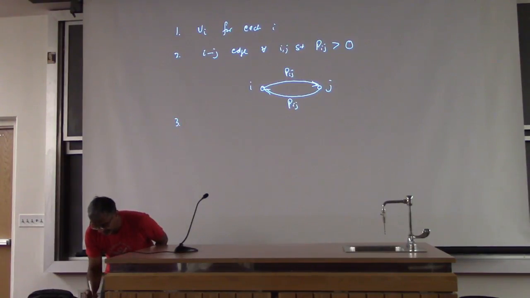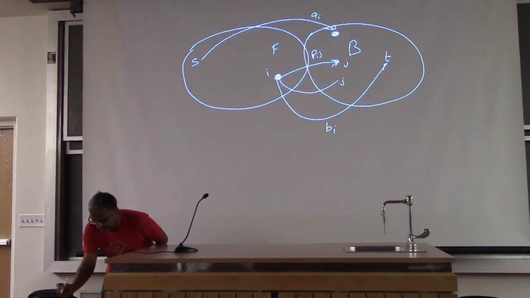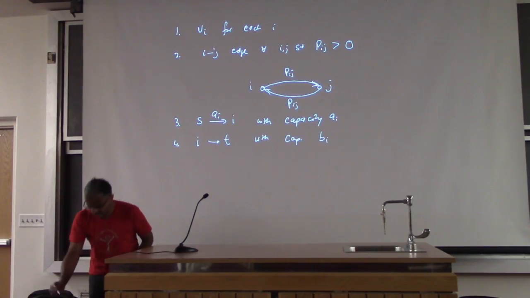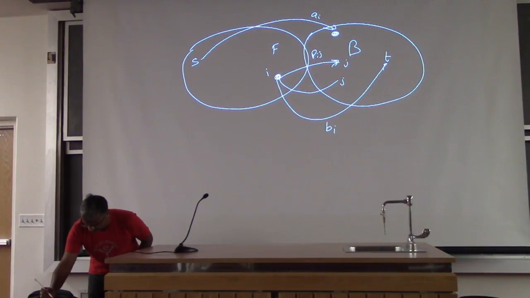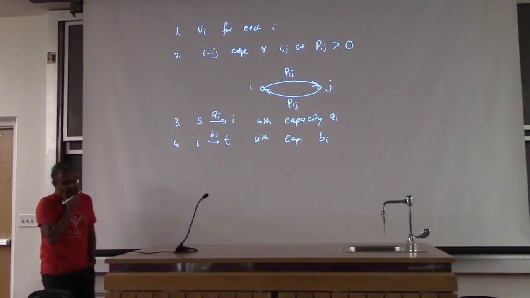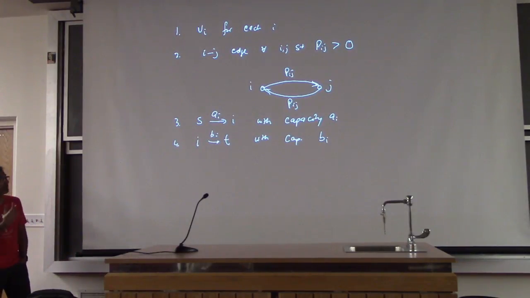Number 3, edge S to I with capacity AI. And I to T with capacity BI. So I'm building up my reduction now.